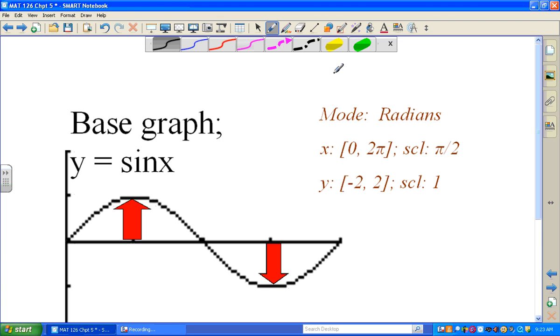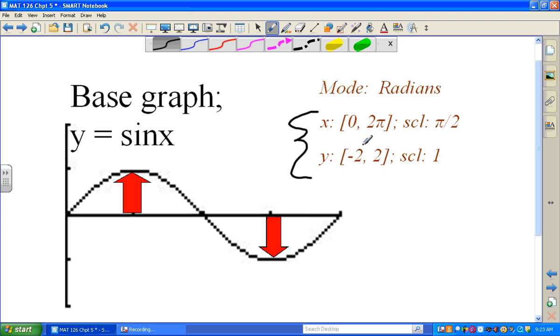So here's your basic garden variety sine. When I say I'm going to graph out tangent, cotangent, it's pi. When I say I'm going to graph out sine, set your calculators up accordingly. 0 to 2 pi is your max and your min. Scale, pi over 2. Negative 2 to 2, scale of 1. This is a different scale than yesterday.